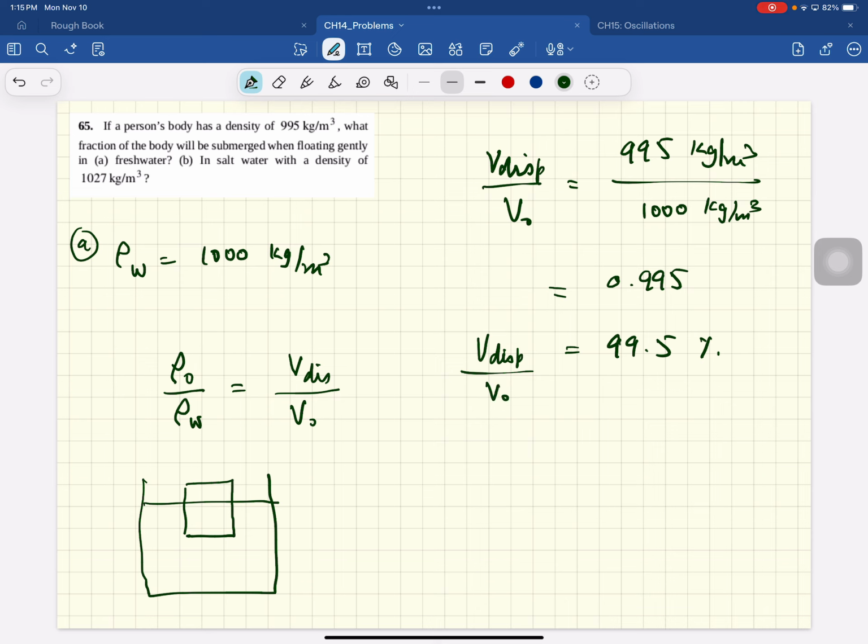submerged. Okay. So in principle, if you don't panic, you can just stick your nose out and stay afloat.